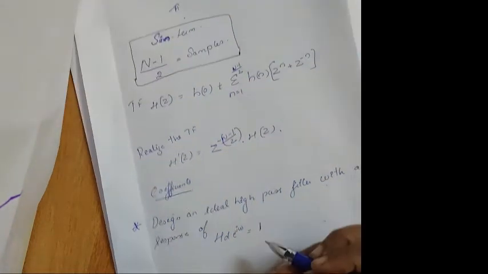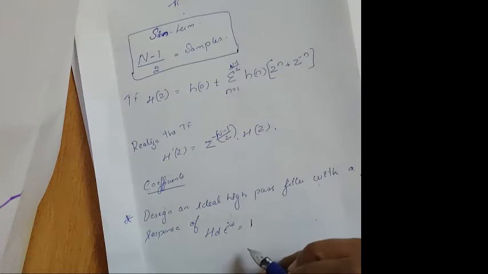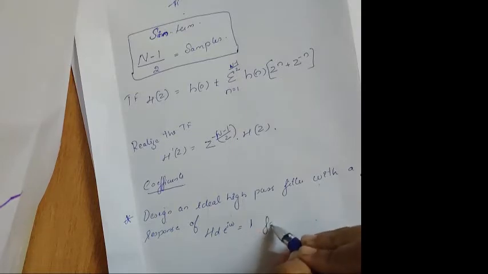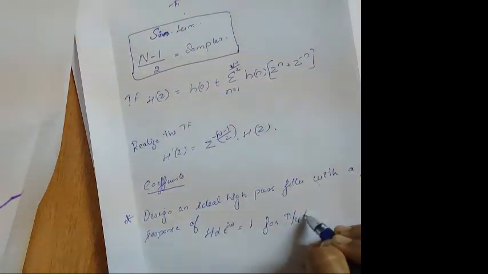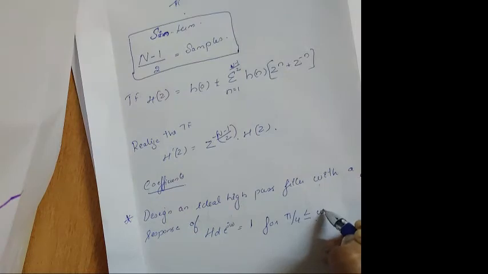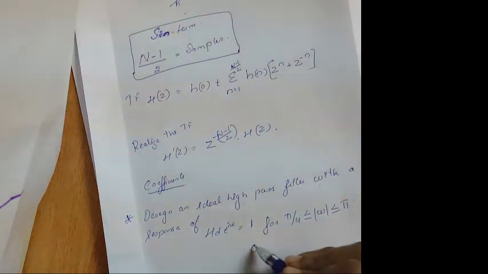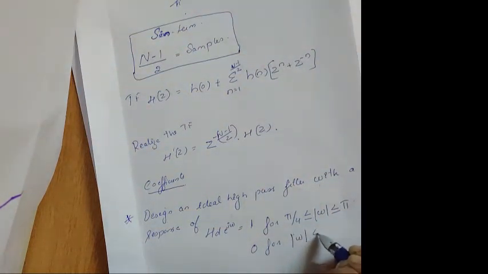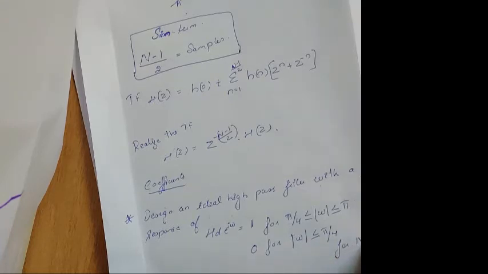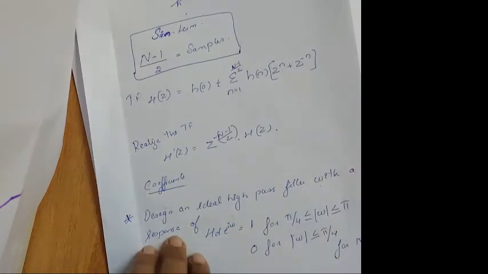And it is an ideal case. If it is an ideal case, your Hd of e power j omega will be 1 for pi by 4 less than or equal to modulus of omega less than or equal to pi, and 0 for modulus of omega less than or equal to pi by 4, for capital N is equal to 11. This is what we have to find.